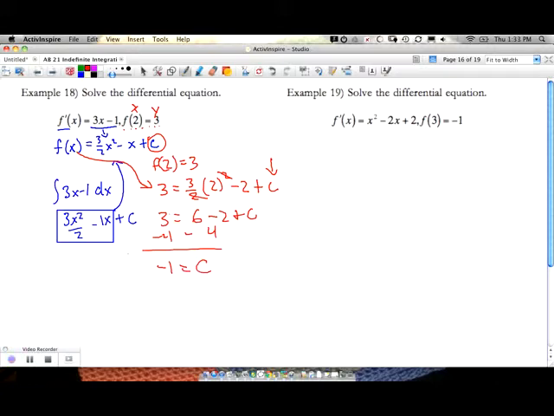Now, again, remember, the actual thing that we needed to do was solve for y, or get y equals. We know that it's 3 halves x squared minus x based on the f of x that we got from using that antiderivative. But then we need to throw in the c. So this c that we found is negative 1. So the last term in it is minus 1.